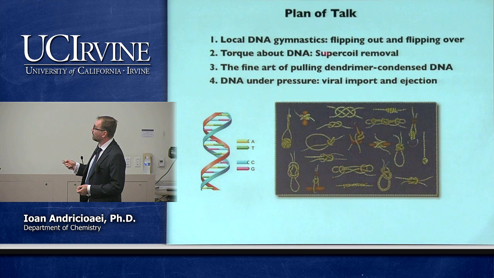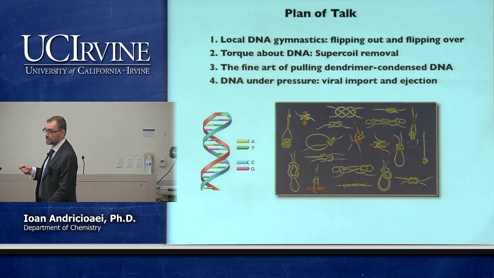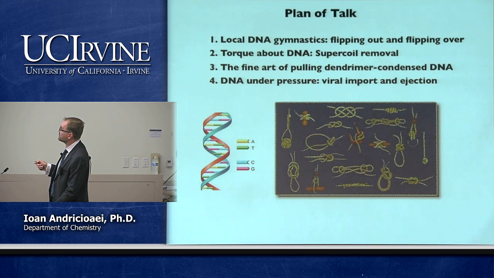Then I will talk about the removal of the supercoils of DNA, how that is catalyzed by enzymes called topoisomerases, and then go into the realm of nanotechnology and talk about how dendrimers condense DNA and what are the characteristic forces and processes at play.